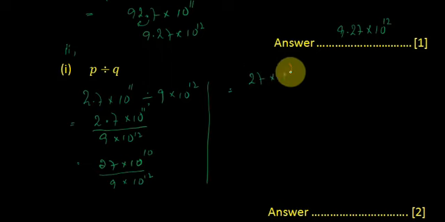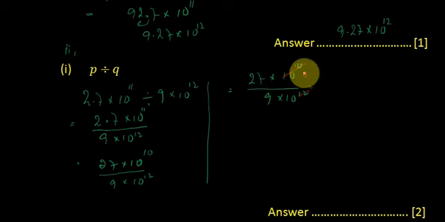So 27 multiplied by 10 to the power 10 divided by 9 multiplied by 10 to the power 12. The highest power is 12 and 10 is less, so 10 cancels and the power becomes 2.